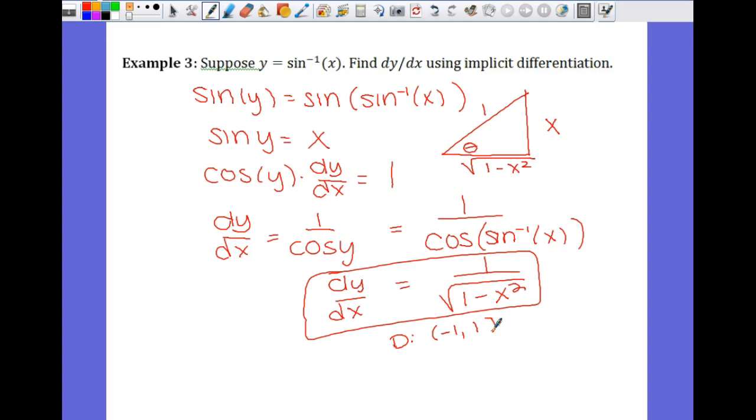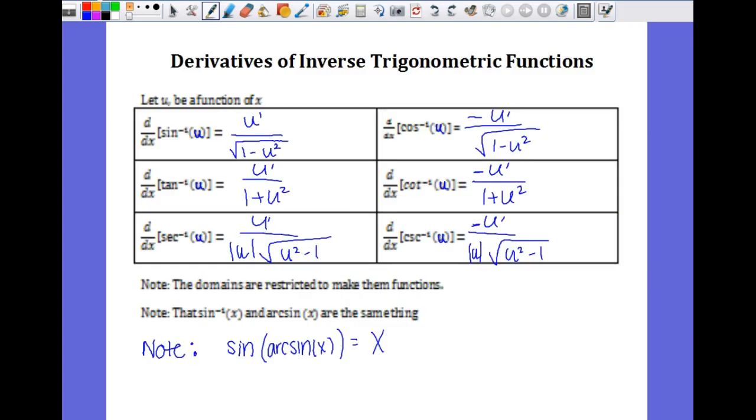That's why all of the example derivatives I'm giving you on the next page have a u instead of an x, because u would represent a function. This u can be a function of x, which means it could be x squared, it could be x cubed. So when you have that, you have to put the derivative of whatever this function is in your numerator.